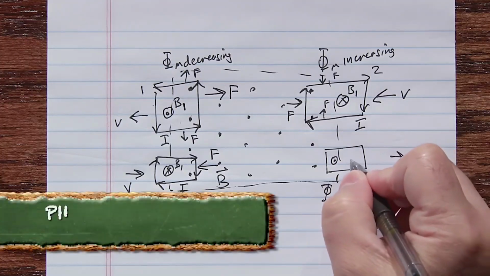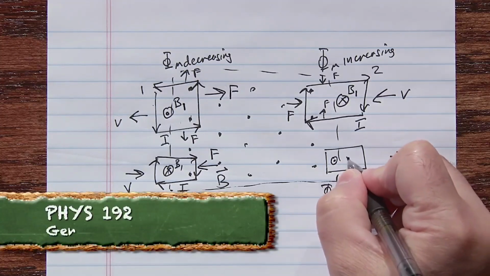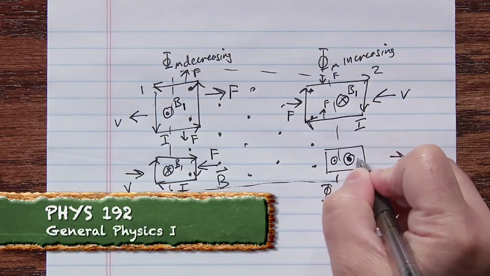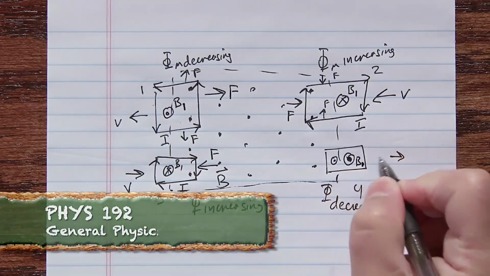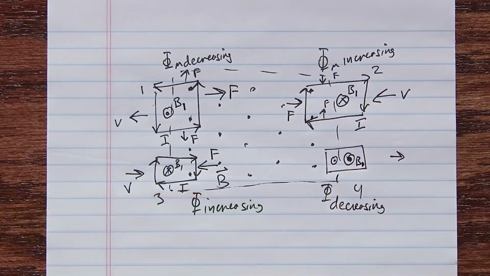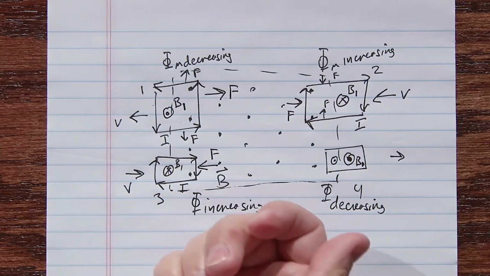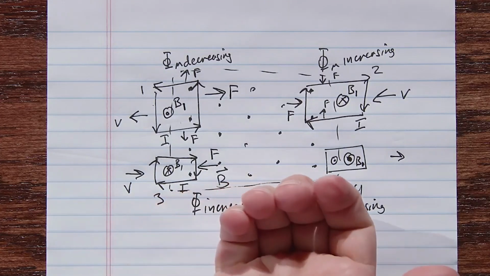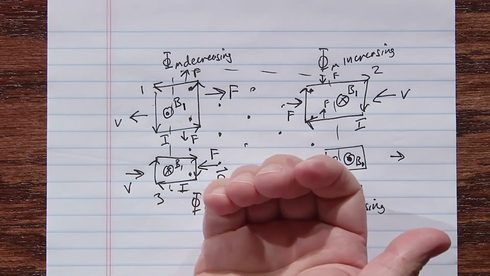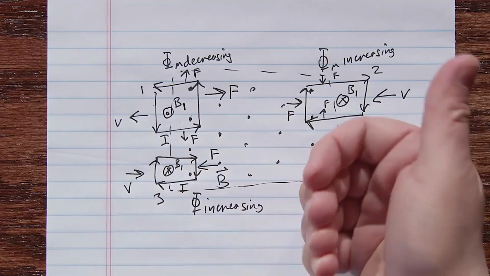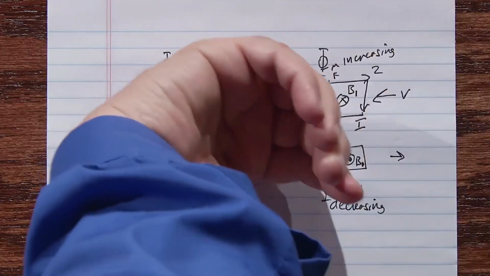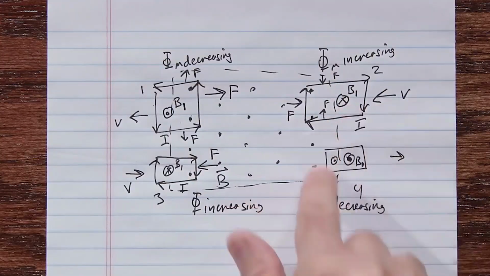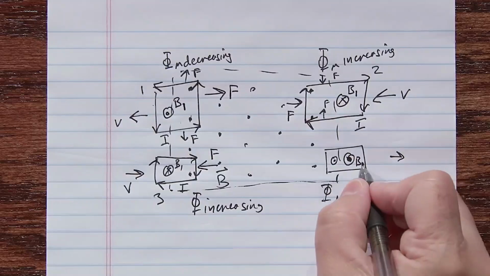And so if phi is decreasing, then we're going to get a magnetic field, B1, the loop's own magnetic field, that is out of the page to supplement the lost magnetic flux. And what direction of current will give us a magnetic field that's out of the page? Well, it will be counterclockwise.